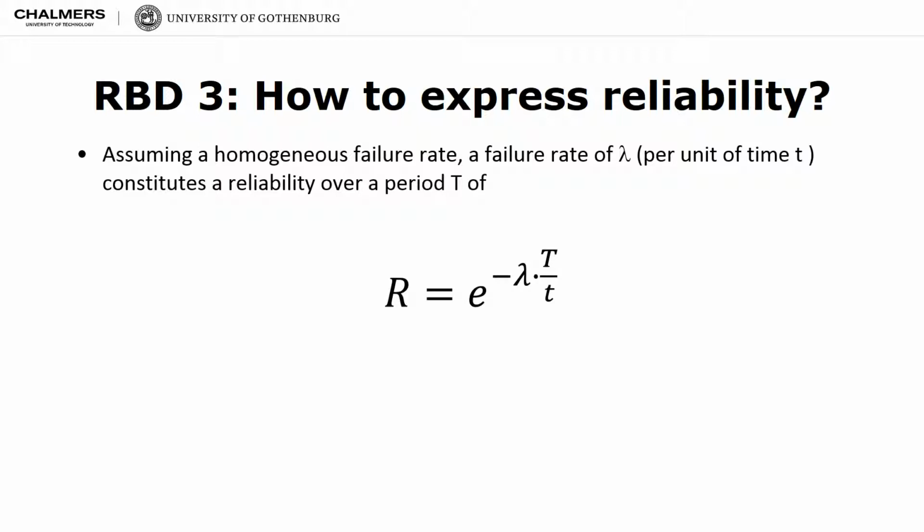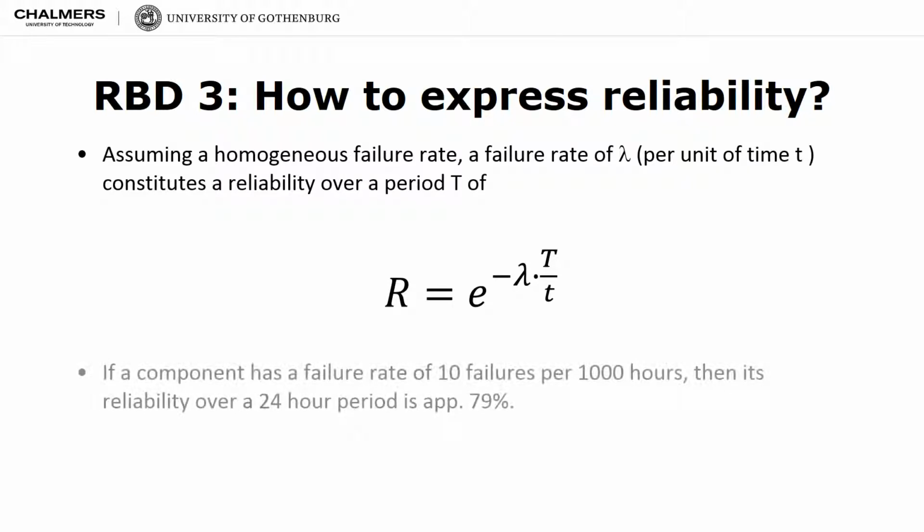The reliability of each component in a reliability block diagram can be given in a variety of ways, either as mean time to failure, as reliability percentage over a period of time, or as a failure rate. We will often use failure rates in this lecture. From a component's failure rate lambda, we can derive the reliability of that component over a period of time t using the equation on this slide.